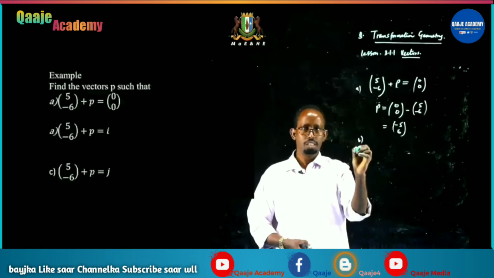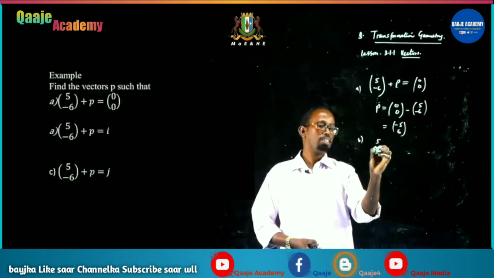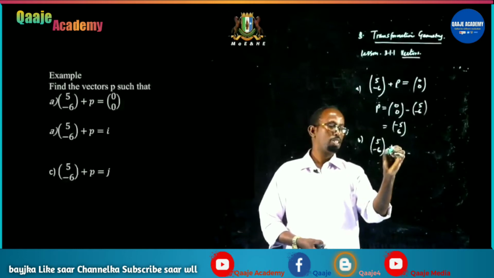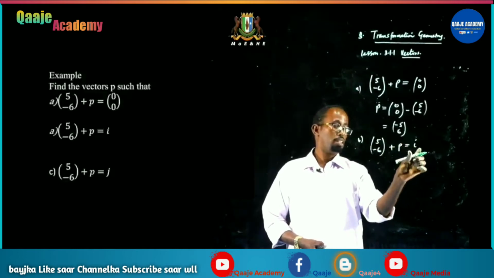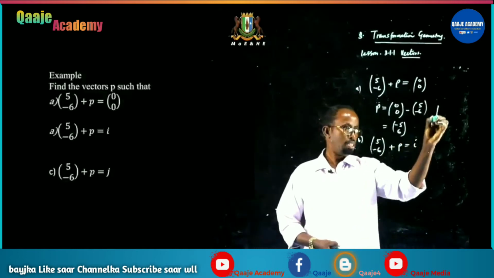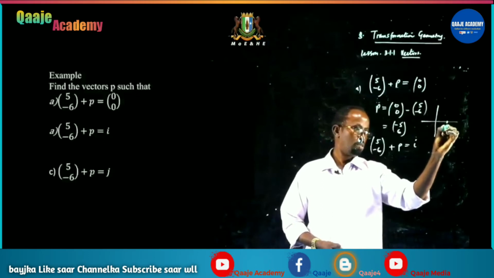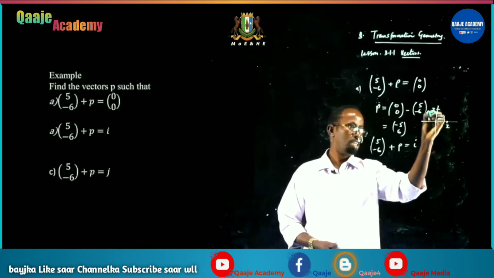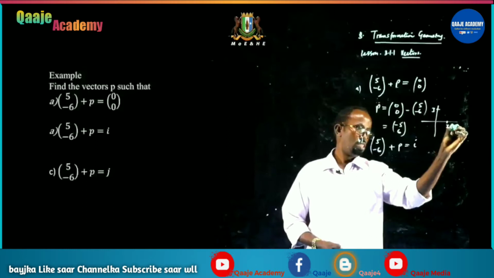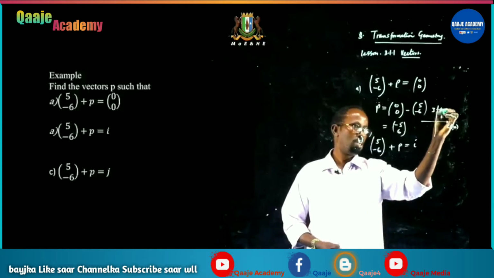The next one, we have (5, -6) plus P is equal to I. So I is this way, and this is J. So I is (1, 0), and J is (0, 1).